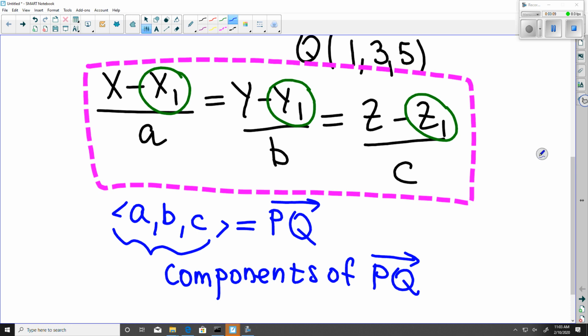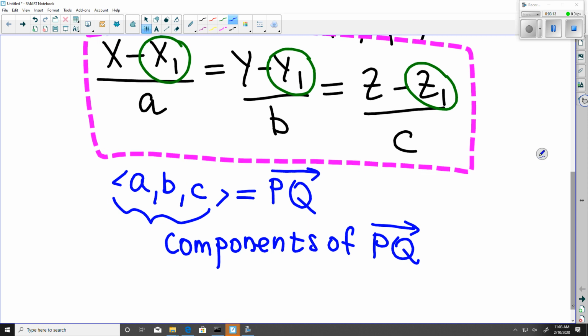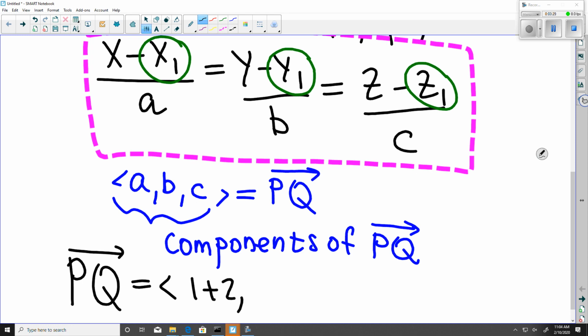All right, so let's start with finding PQ. We have point P, we have point Q. To find the vector PQ, as you know, it's terminal minus initial. Terminal Q minus P. 1 plus 2, comma 3 minus 1, comma 5 minus 0, equal 3, 2, 5.